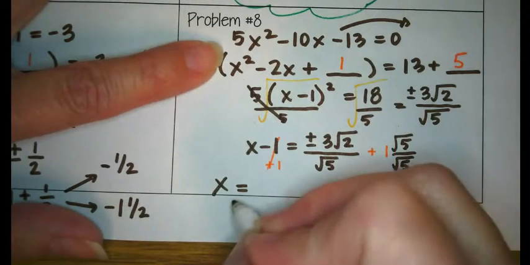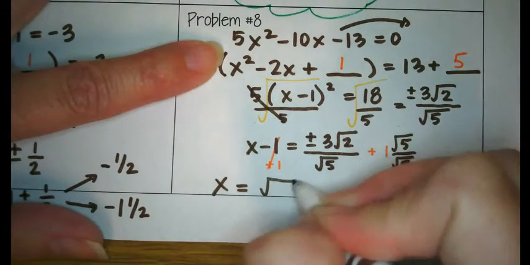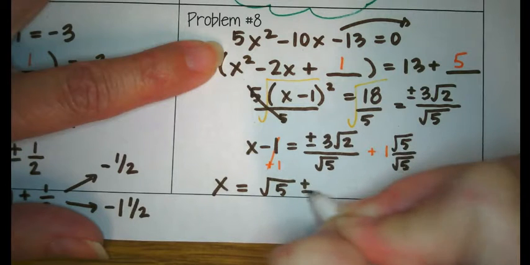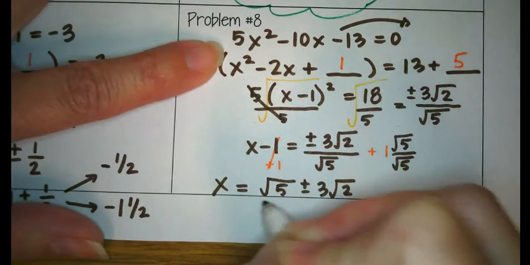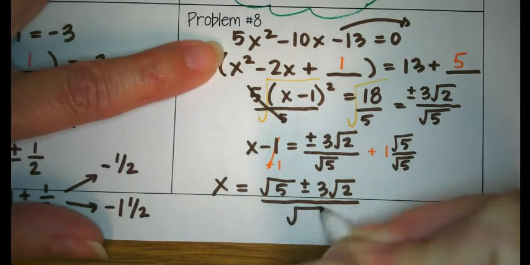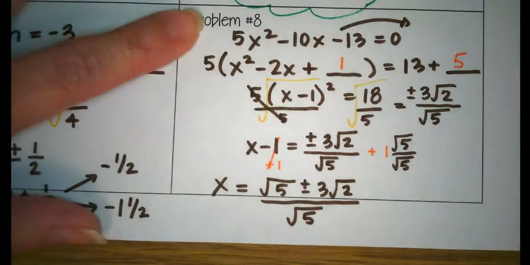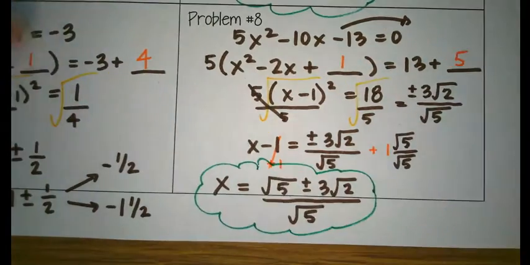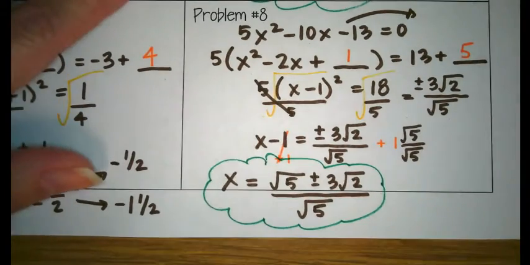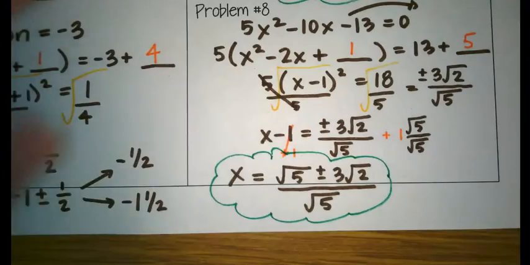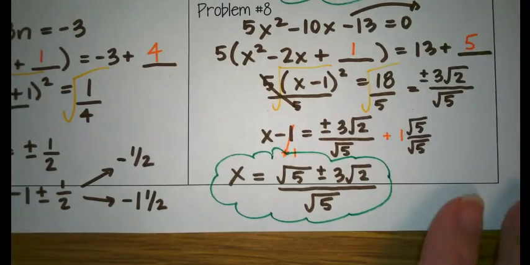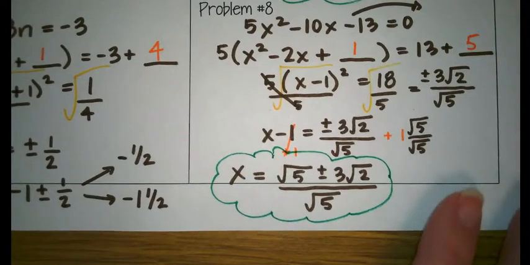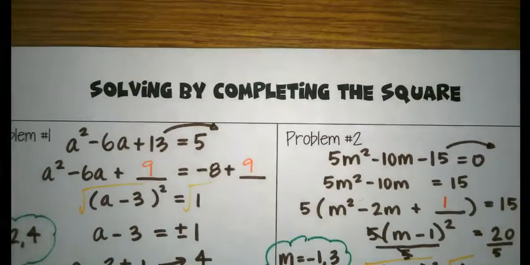So now x is the square root of 5 plus or minus 3 square root of 2, and all of that is over the square root of 5. And there's no need for us to separate those. And you're going to learn next year how to take care of a radical on the bottom. But that takes care of problem number 8. So again, if you need to review, rewatch, pause, and play again, please do.